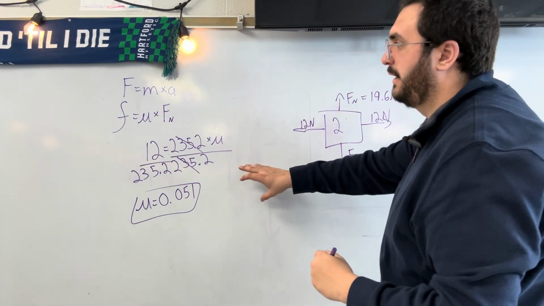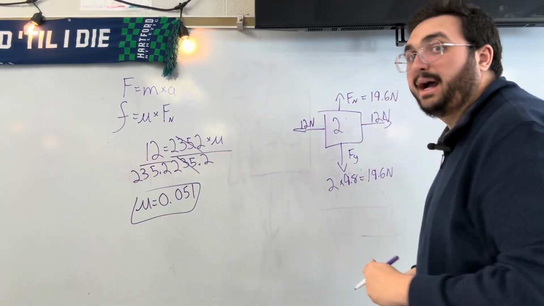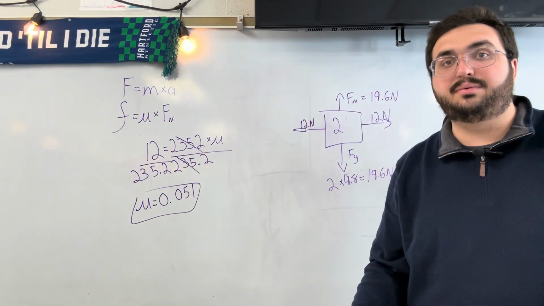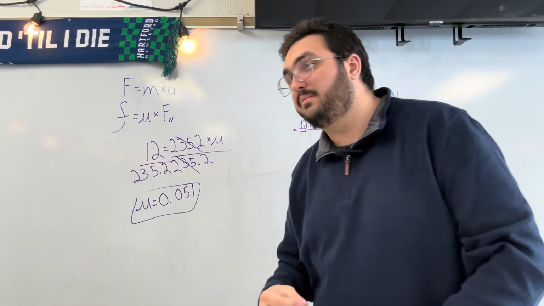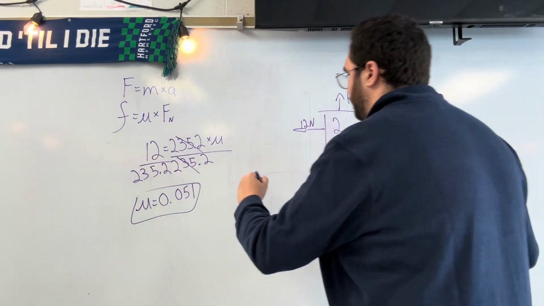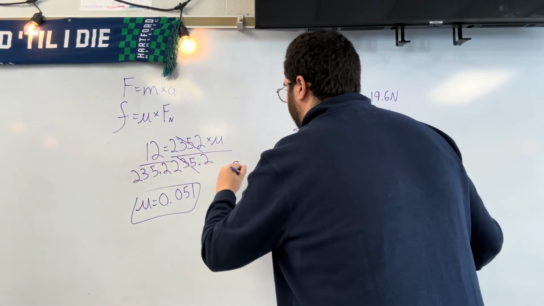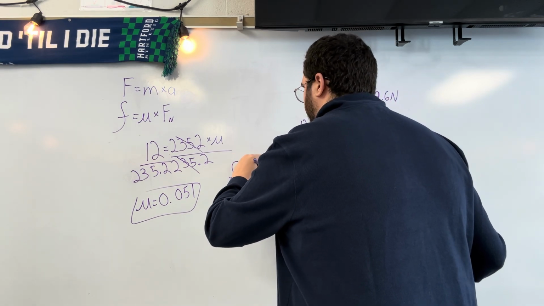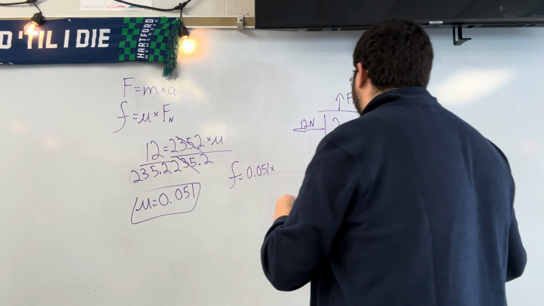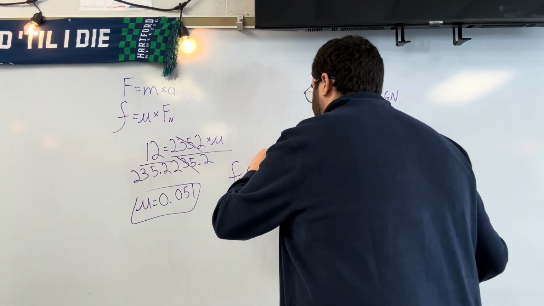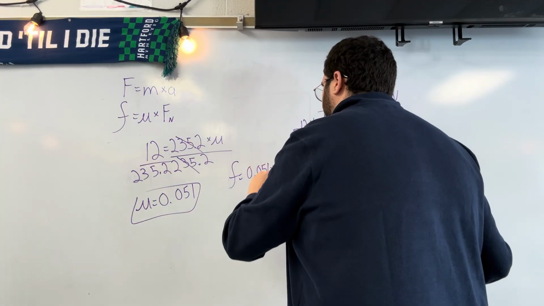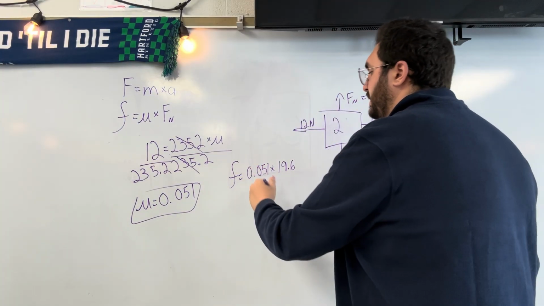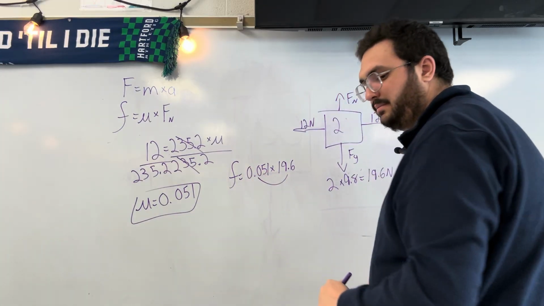So now, I can figure out my force of friction, aka how much force I need to pull this sled with in order to get it to start moving. Force of friction is equal to our coefficient, 0.051, times our normal force, 19.6. In order to find force of friction, we multiply the two together.